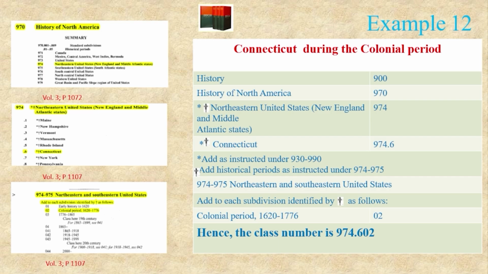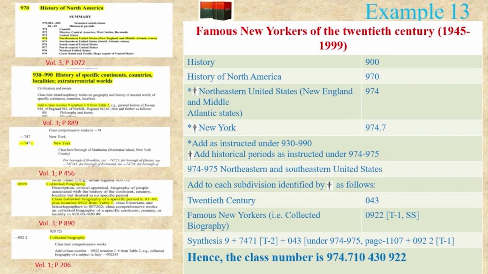Here is another instruction: add as instructed under 930 and add historical period as instructed under 974-975. Under 974-975, Northeastern and Southeastern United States, add to each subdivision identified as follows. So the colonial period, 1620 to 1776, is 02. Hence the class number is 974.602.